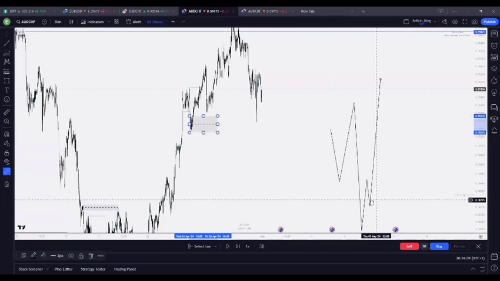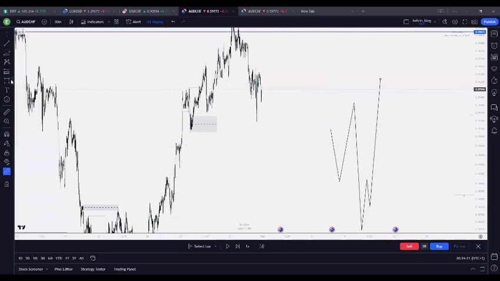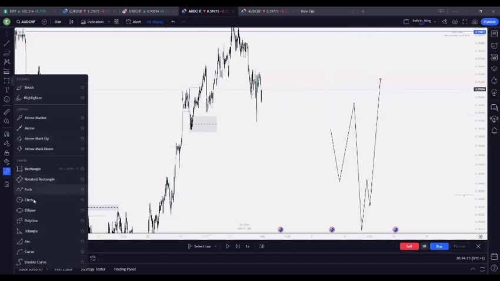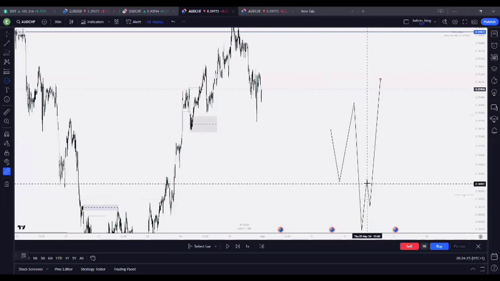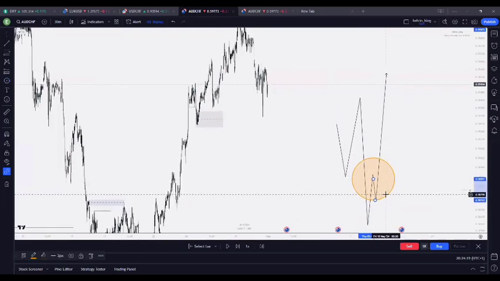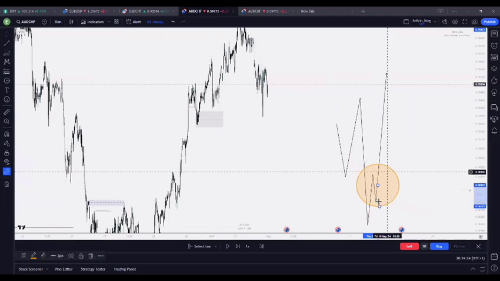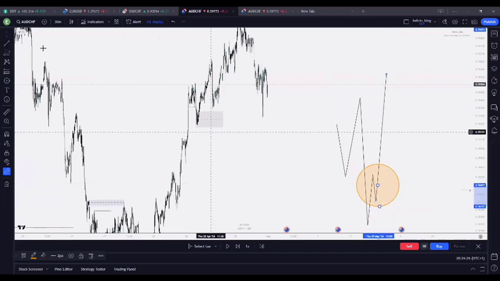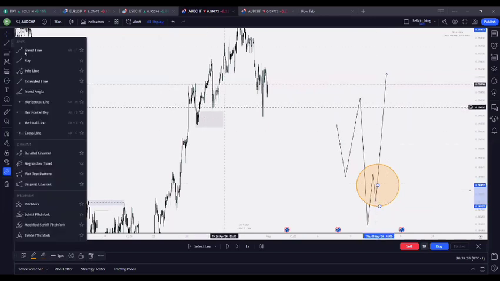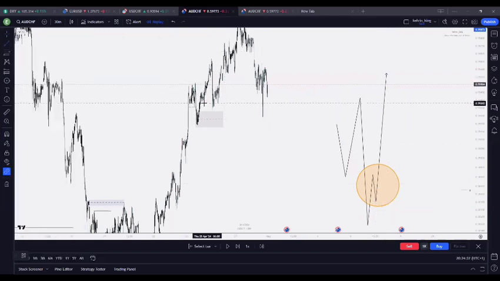Now, see this particular zone. This pullback here. Now, for this setup to be very, very valid, it needs to have a particular pullback, which you can see here, which is this guy.